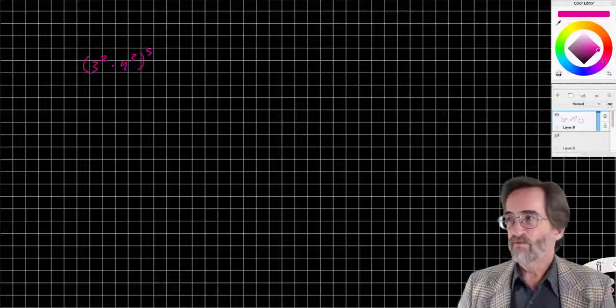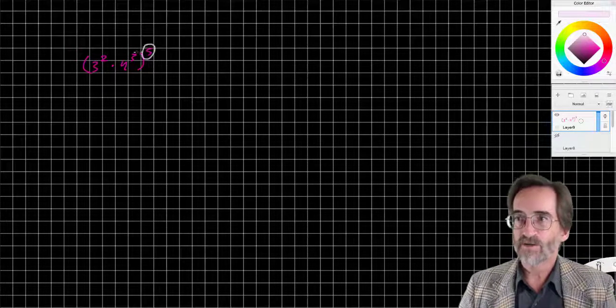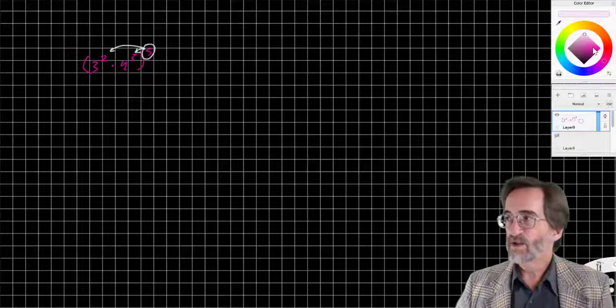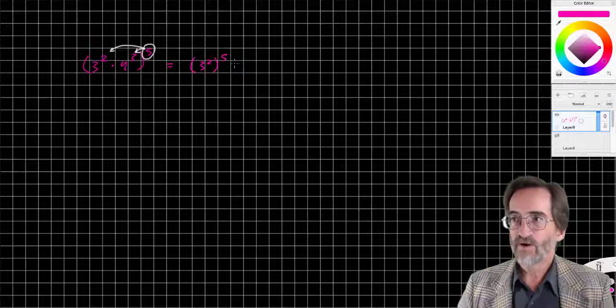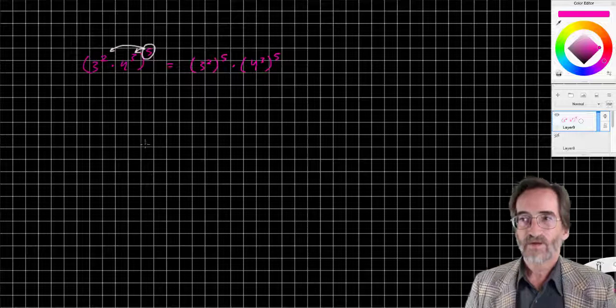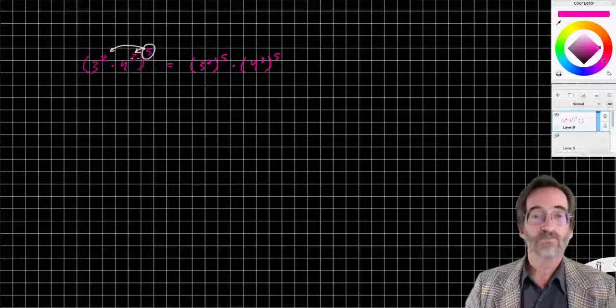Okay, we can apply the power of a product rule this way. The 5 gets distributed to all factors inside. And so I can rewrite this as 3 to the power of 2 to the power of 5 times 4 to the power of 3 to the power of 5, right? The 5th power goes to the 3 squared and the 4 cubed both.